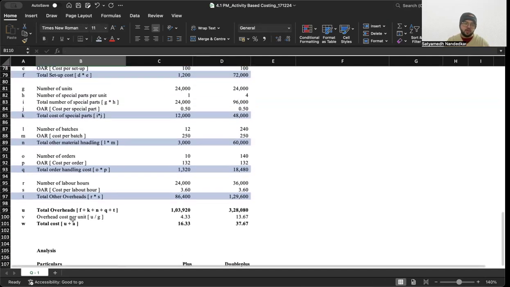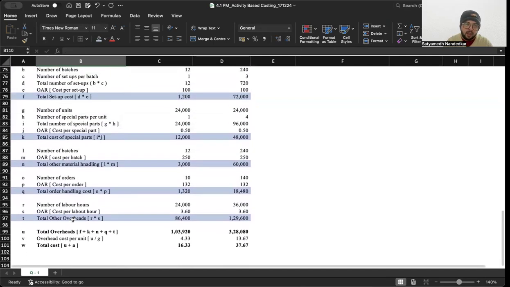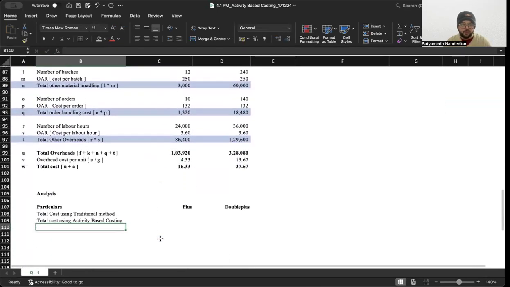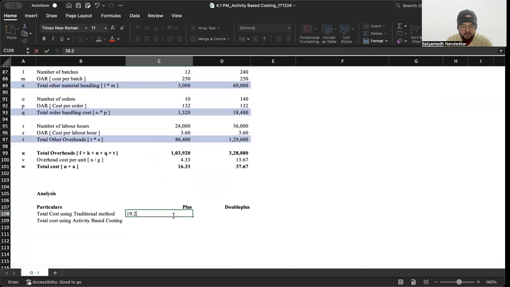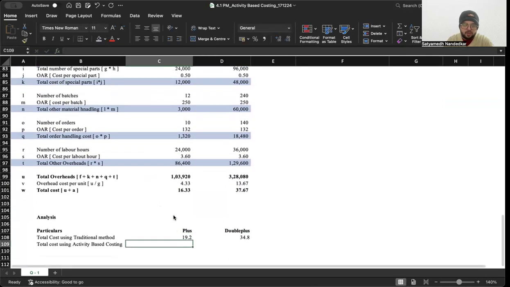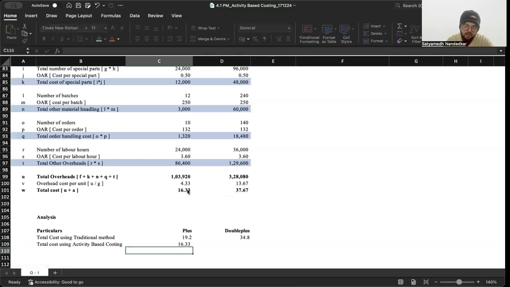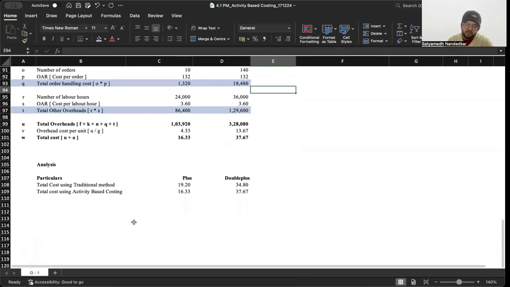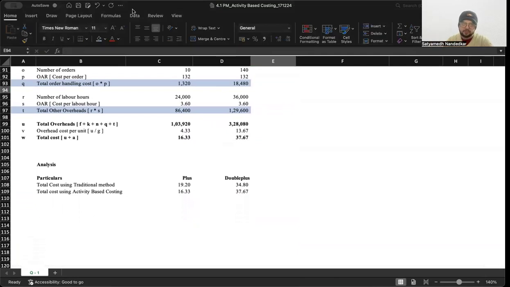Okay, total cost using the traditional method. Here 19.2, 34.8. Total cost using activity based costing 16.33, 37.67. Okay, this is how, first of all, you present the comparative part.